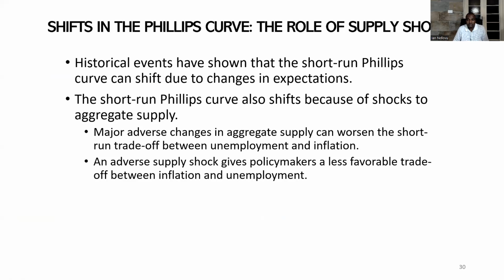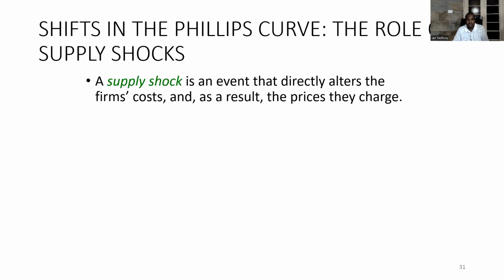And when there are shocks to aggregate supply, these shocks may cause shifts in your short-run Phillips curve. Major adverse changes in aggregate supply can worsen the short-run trade-off between unemployment and inflation. An adverse supply shock gives policymakers a less favorable trade-off between the inflation rate and the unemployment rate.